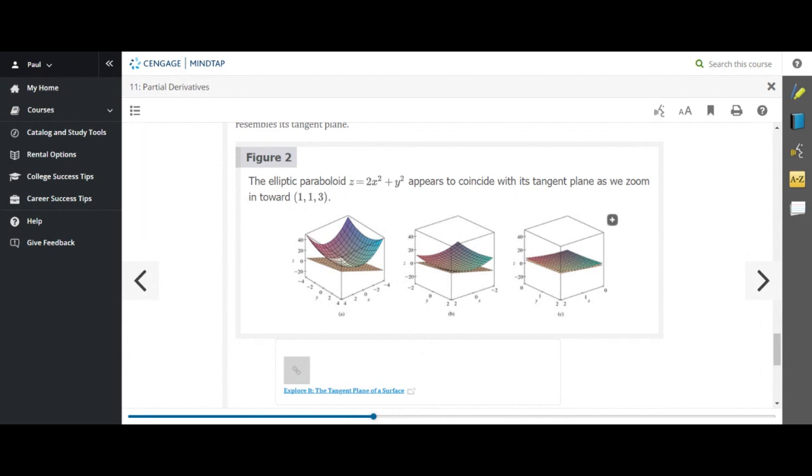And then in C, they go even more: the x-axis goes from 0 to 2, the y-axis goes from 0 to 2. And you start seeing, as you zoom in towards that point on the surface, (1, 1, 3), that the paraboloid starts looking like a tangent plane. So the question is, can we come up with a tangent plane? And the answer is yes.